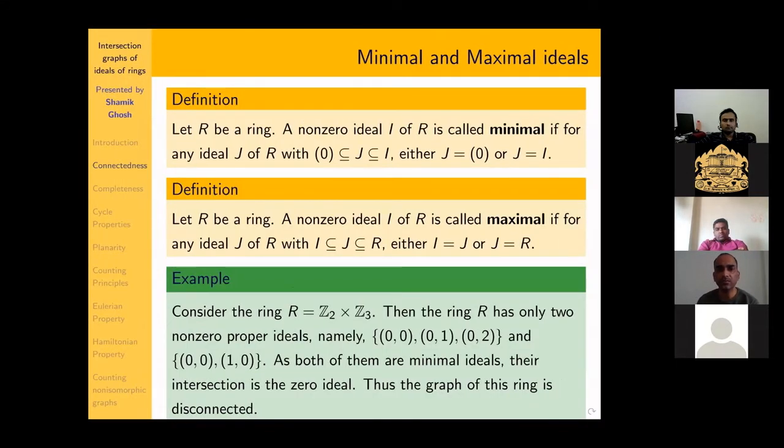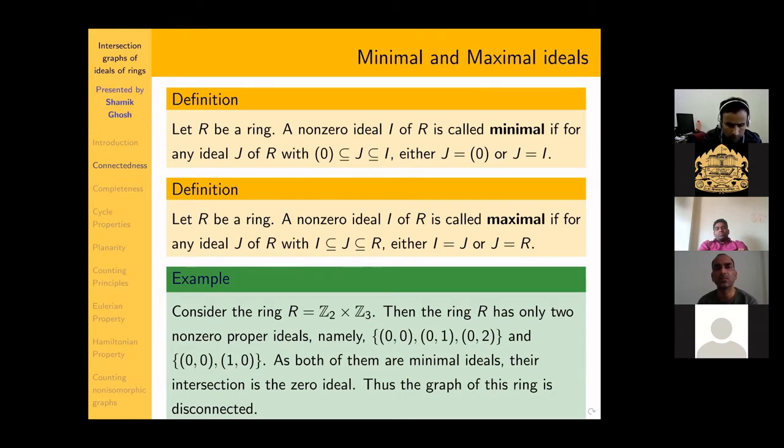Now moving from the particular ring Zn to the general ring, we can study when the graph is connected or not, but that requires some more ring theory. We say an ideal I is minimal if between the ideal I and the zero ideal there is no ideal other than 0 and I. And an ideal is maximal if between that ideal and the whole ring R there is no such ideal.